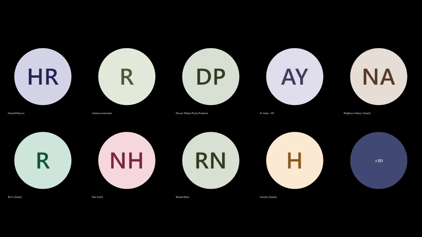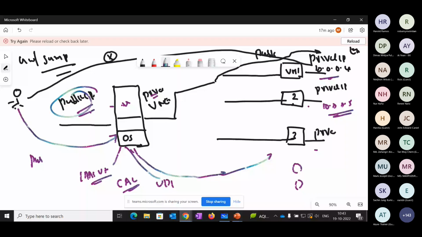Now I need to answer one question that was posted before the break. I think someone asked what a VDA is. If you look at this whole infrastructure, whether you're using Azure or a normal scenario, we were connecting to the servers with the help of remote desktop.